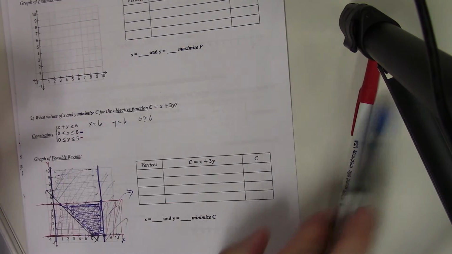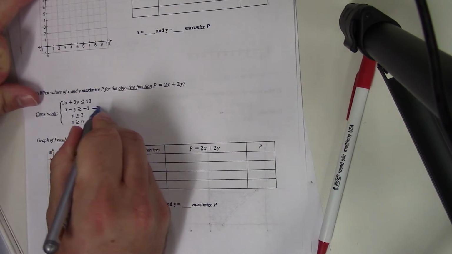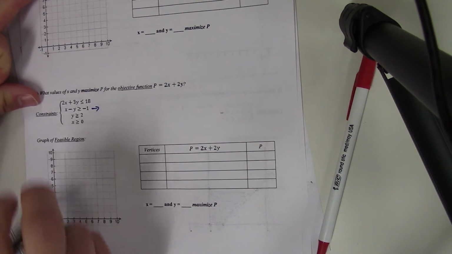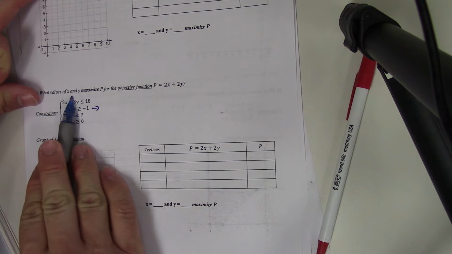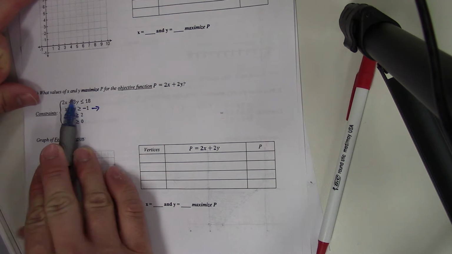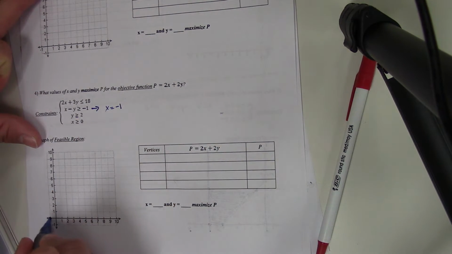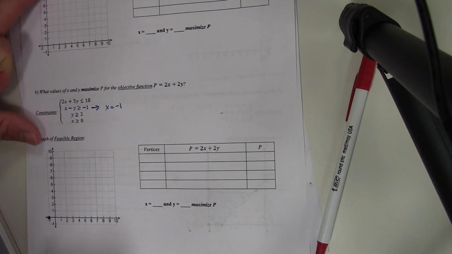Okay, I'm going to talk about 2 more problems here. Number 4, for instance, on the next page. A lot of people have problems with this, but if I use the cover-up method and I cover up the y, you can see the x is just -1. That's right here. We haven't done that a whole lot, but it's possible.